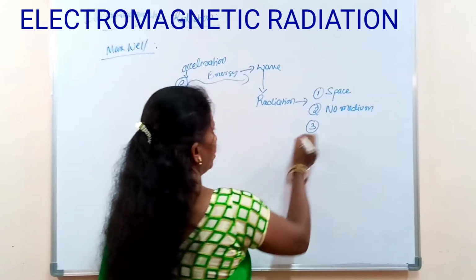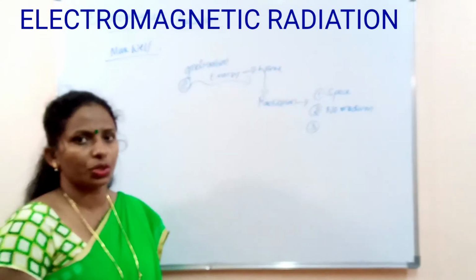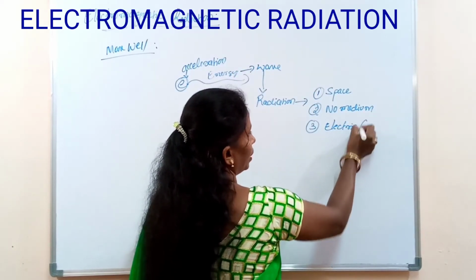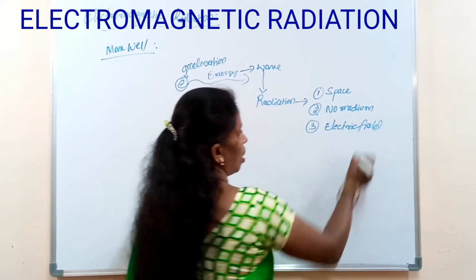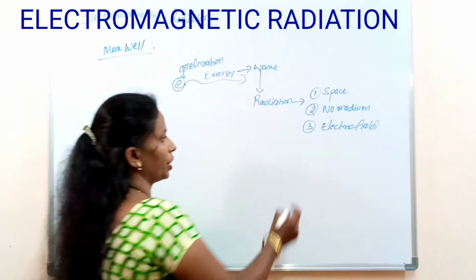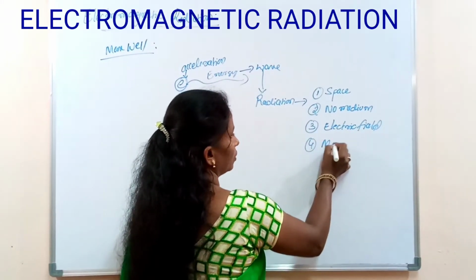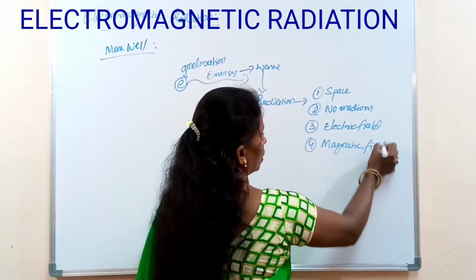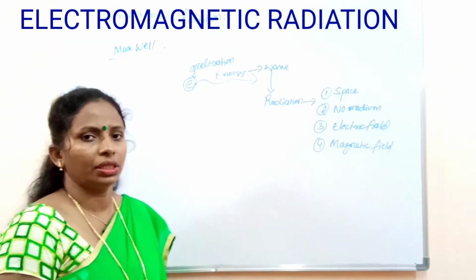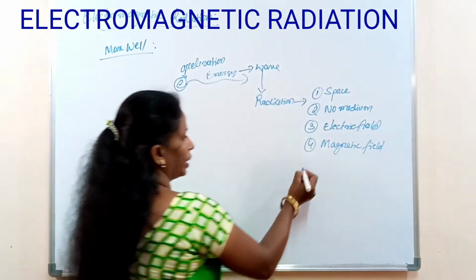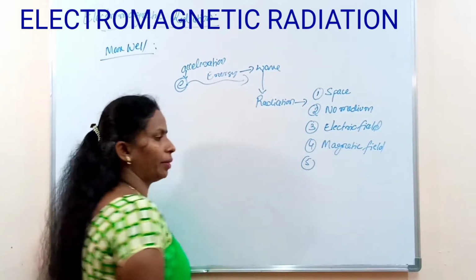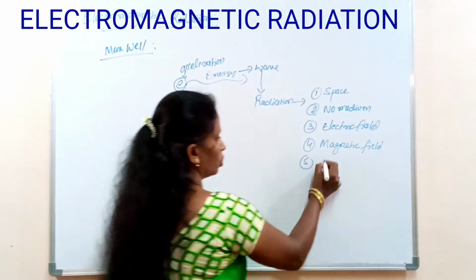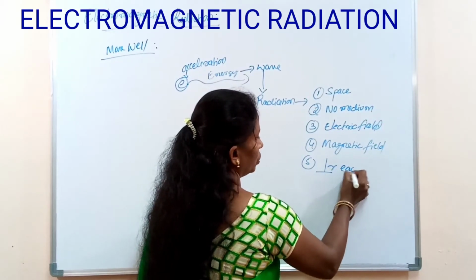Next, these radiations are always associated with an electric field and also with a magnetic field. The electric field and magnetic field are perpendicular to the direction of propagation, so all are perpendicular to each other.